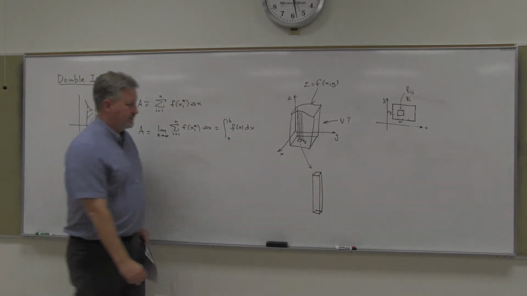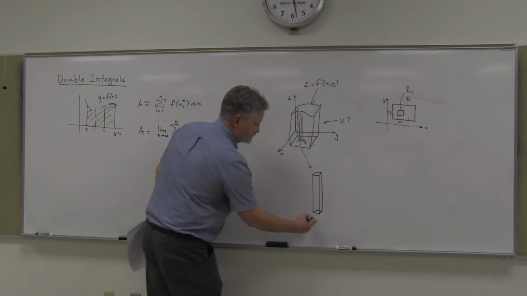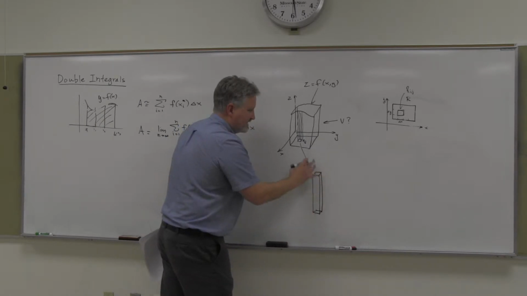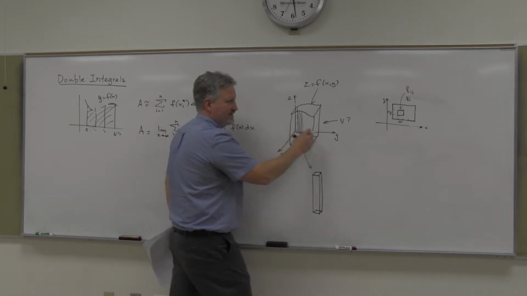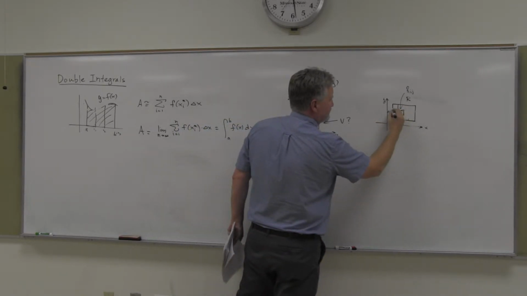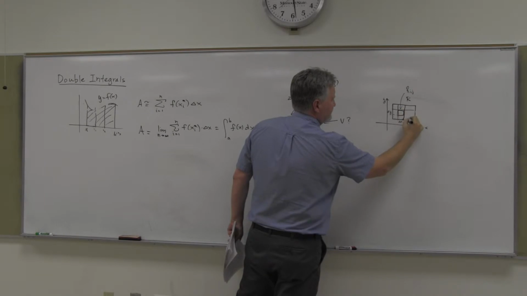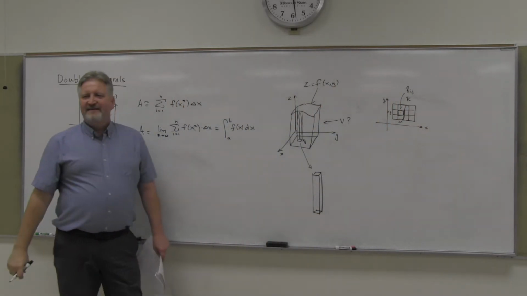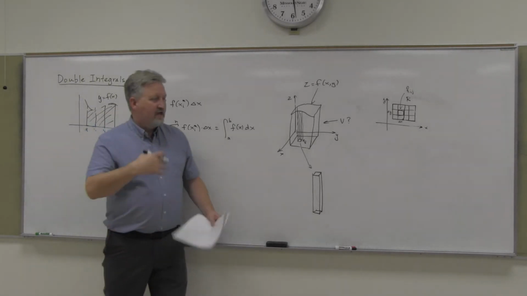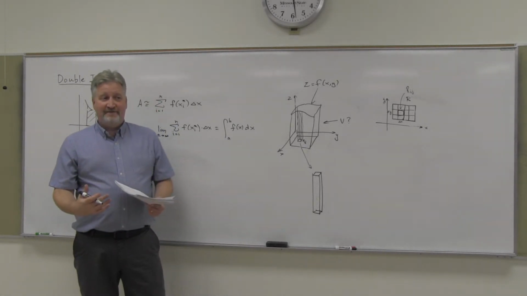Okay, so you get bunches of these little boxes. So this is just one representative. In this case, if I did them all, I'd have 12 of them. Okay. So if I added up all 12 of those, that's going to give me an approximation of the volume.